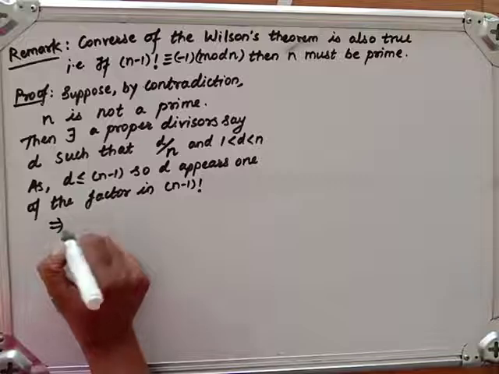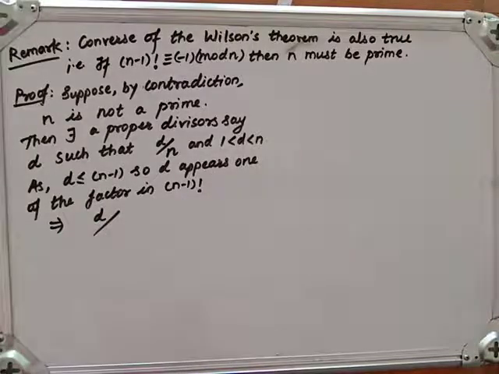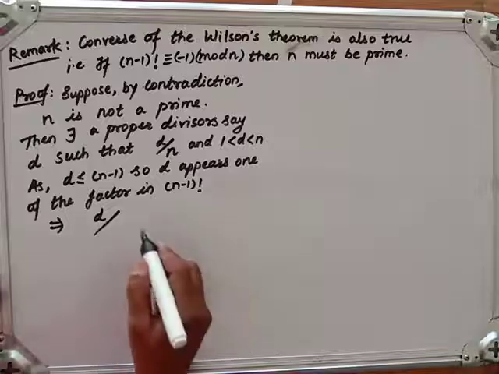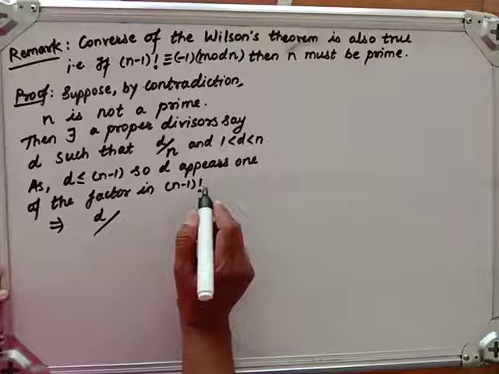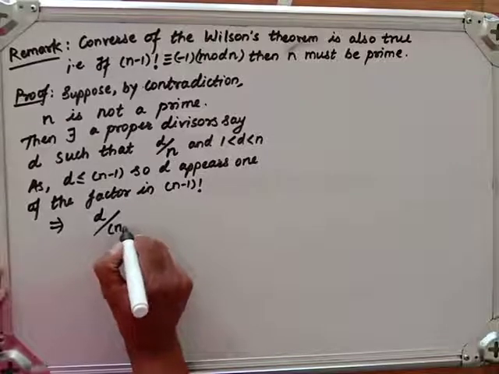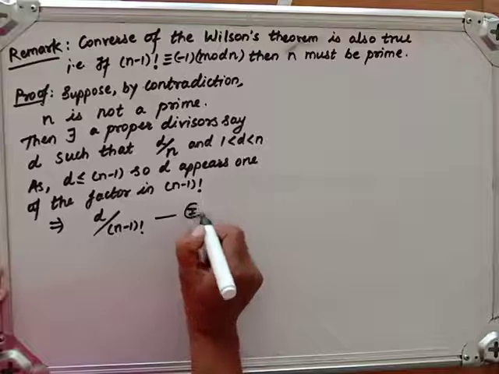So this gives D divides (n minus 1) factorial also. Call it equation number 1.